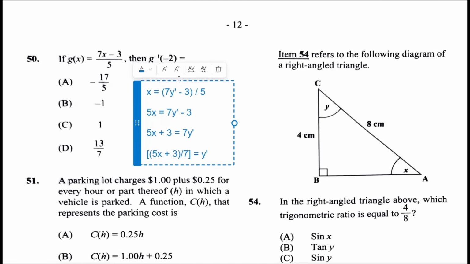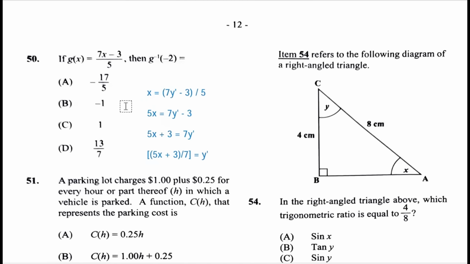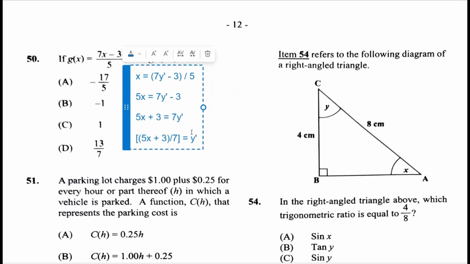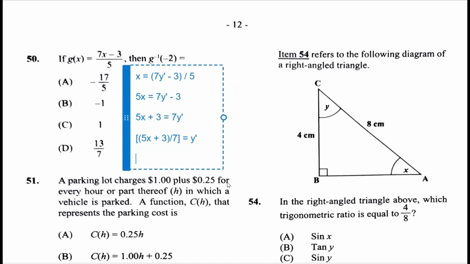And then we substitute -2 into it. So it'll be 5 times minus 2, which is minus 10, add 3.